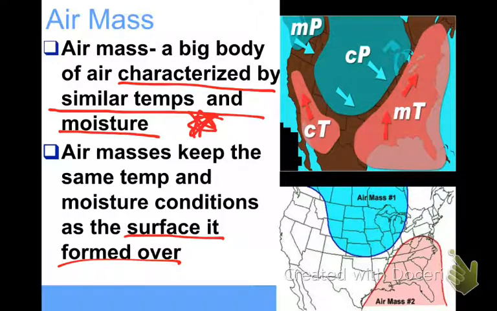Because Canada is cold and Canada is dry, you are a cold, dry air mass. As that air mass begins to move, it's going to start to make other places it moves past more cold and more dry. That's the type of weather it would bring with it. And notice, as I say a cold, dry air mass, I am talking about its temperature and its moisture content. So that's both of these bullets combined.